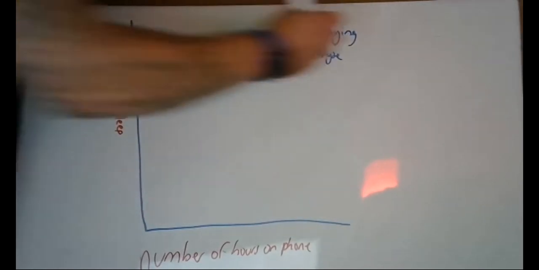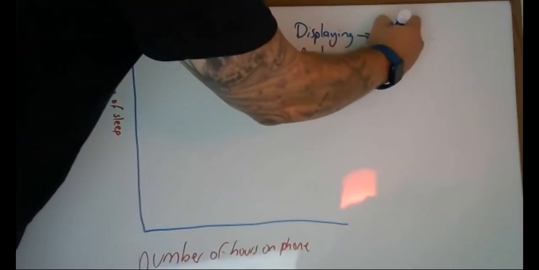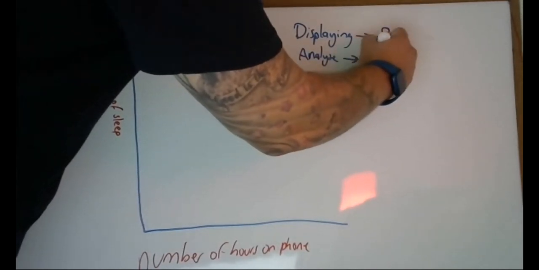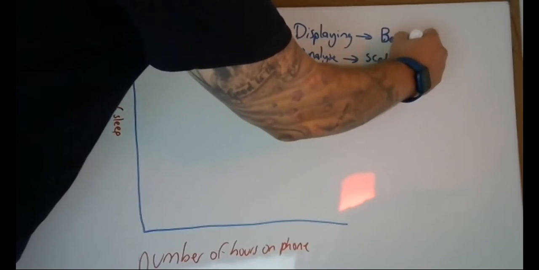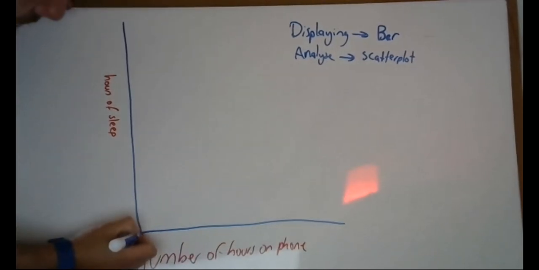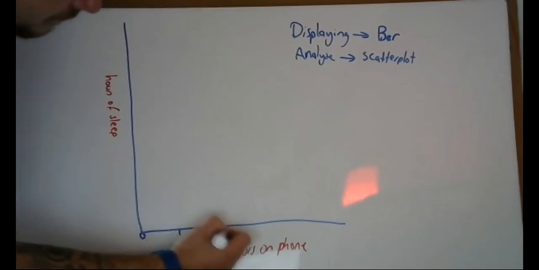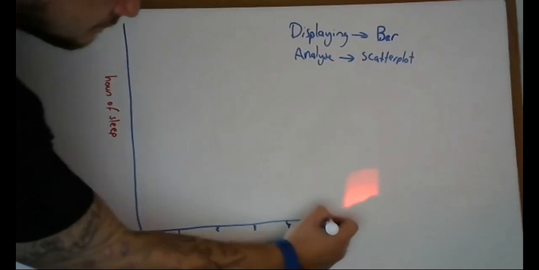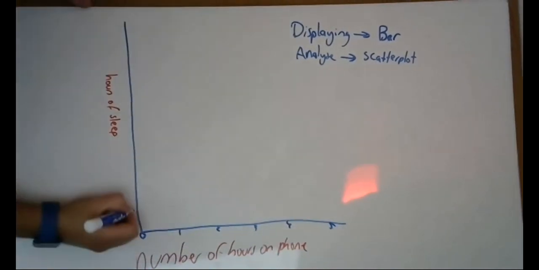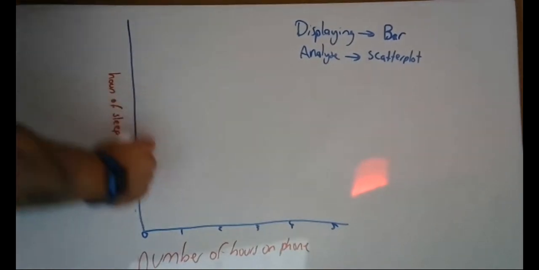So displaying, analyzing, a scatter plot. So if I wanted to say, okay, 0, 1, up to 5 hours before bed, here hours of sleep.